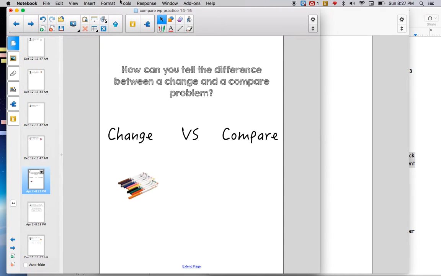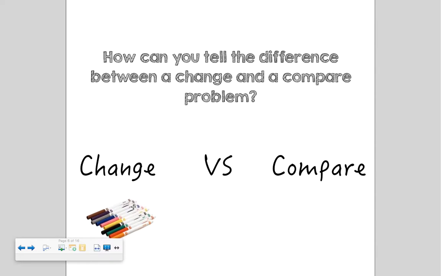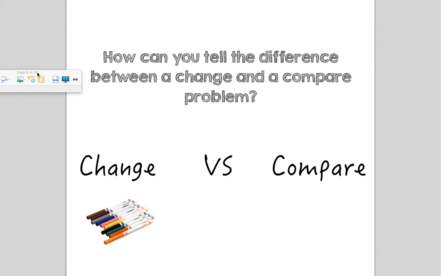So we've got our change problem. I'll go back to full screen now, just so we can see it more clearly. Okay, so we've got some markers here. And if I was going to think about a change problem, it would say that Miss Hatch had 1, 2, 3, 4, 5, 6, 7, 8, 9, 10 markers.